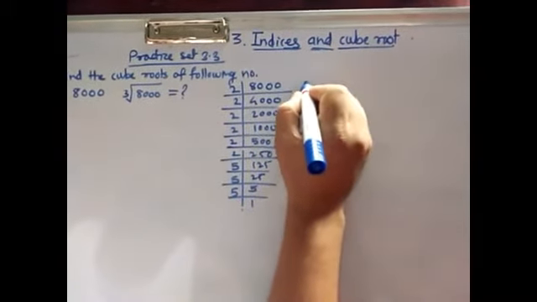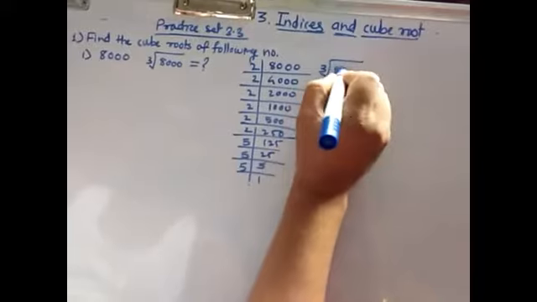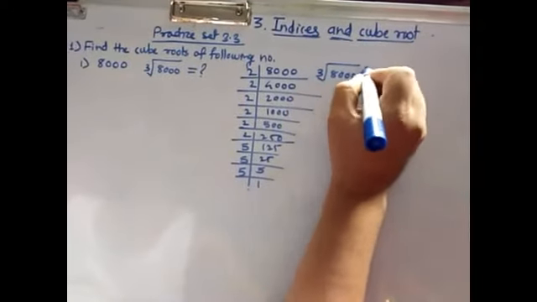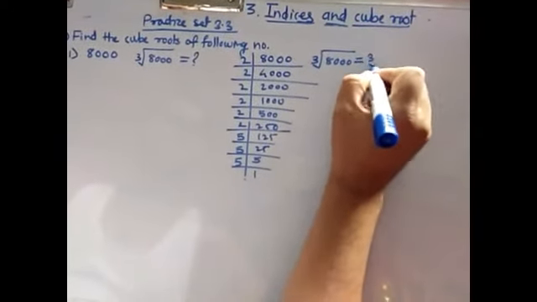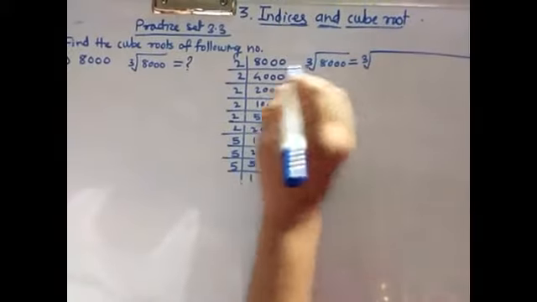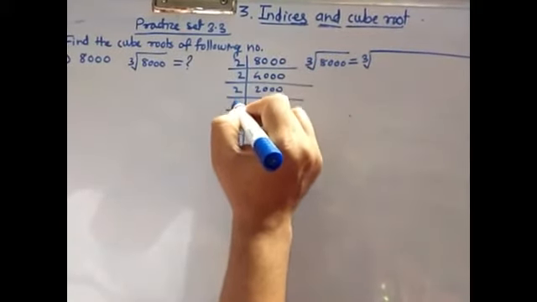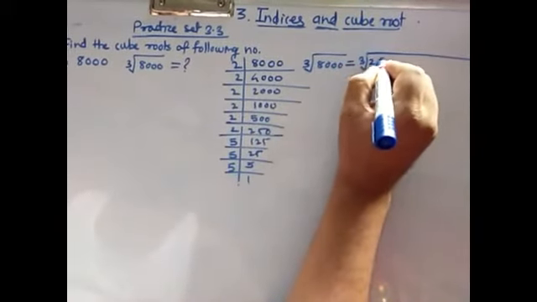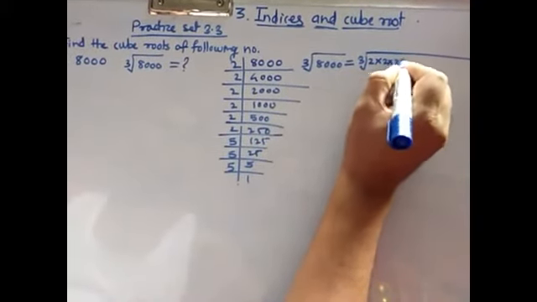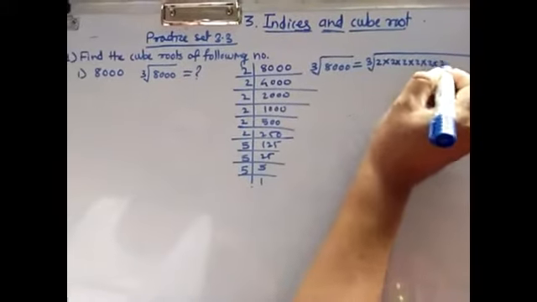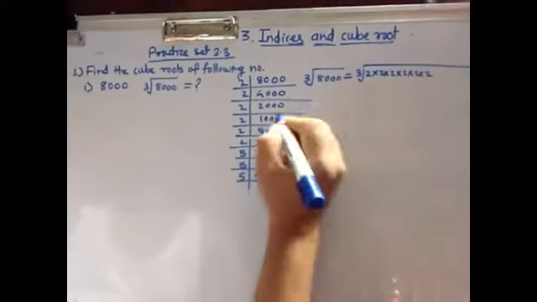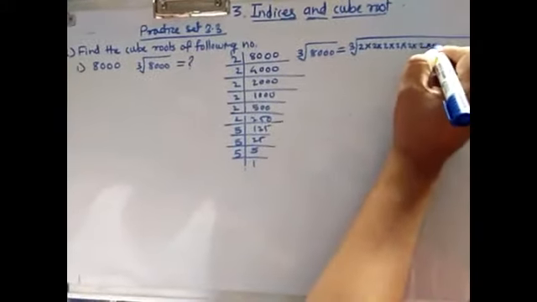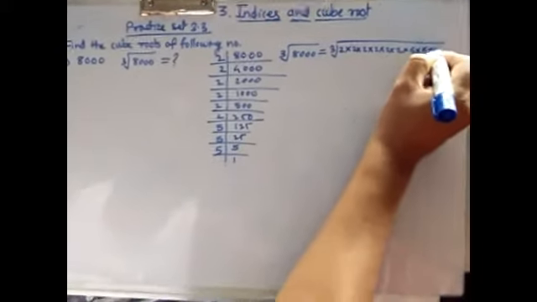We write the cube root of 8000 this way: 2 is multiplied 6 times, 2 into 2 into 2 into 2 into 2 into 2, and 5 is multiplied 3 times, 5 into 5 into 5.